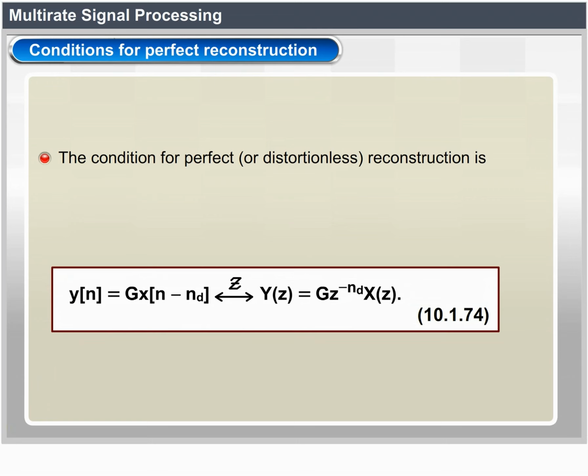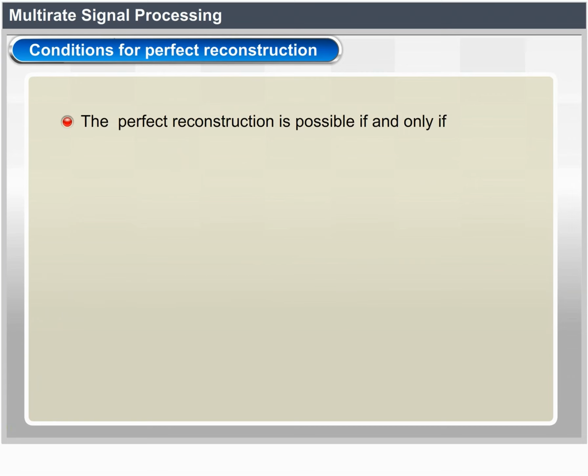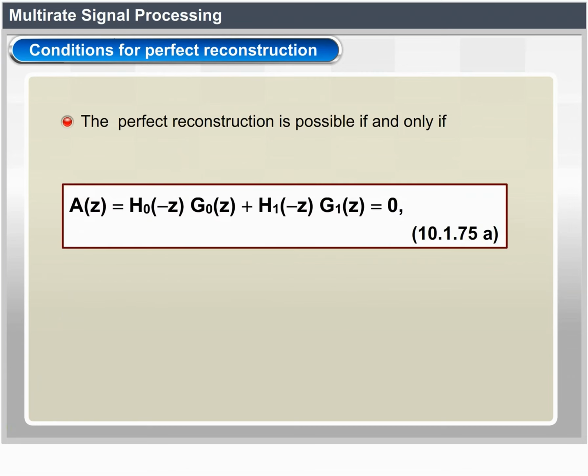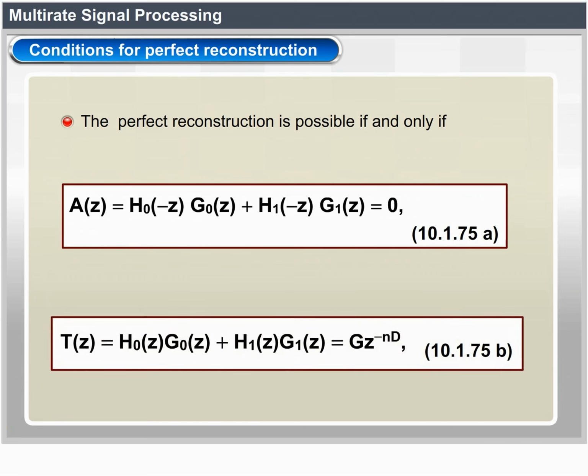Perfect reconstruction is possible if and only if A(z) = H0(−z) G0(z) + H1(−z) G1(z) = 0, called equation 10.1.75a, and T(z) = H0(z) G0(z) + H1(z) G1(z) = G z^(−nd), called equation 10.1.75b, which can be written in matrix form as follows, called equation 10.1.76.